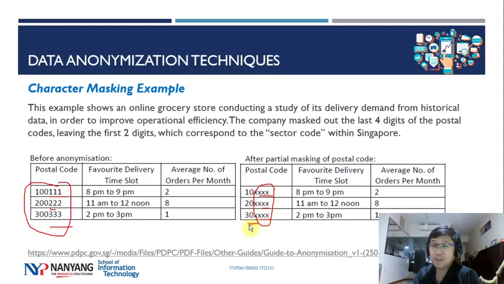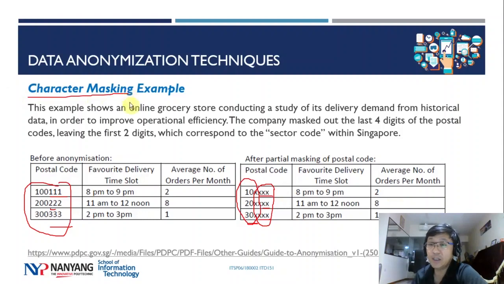So we are still able to tell from here which particular town he is in. That may be okay, but not to the level of being able to identify the block. So we mask out. This is a character masking example.